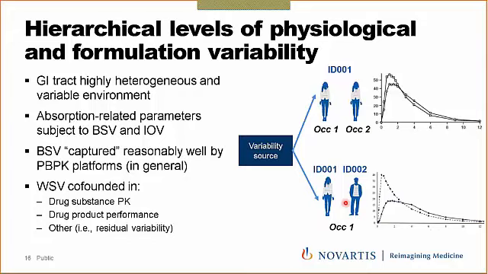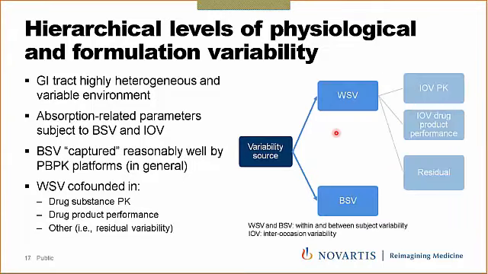For the same occasion, these two different subjects might lead to very different PK profiles, but at the same time, we might also have variability within the same subject, but between two different occasions.